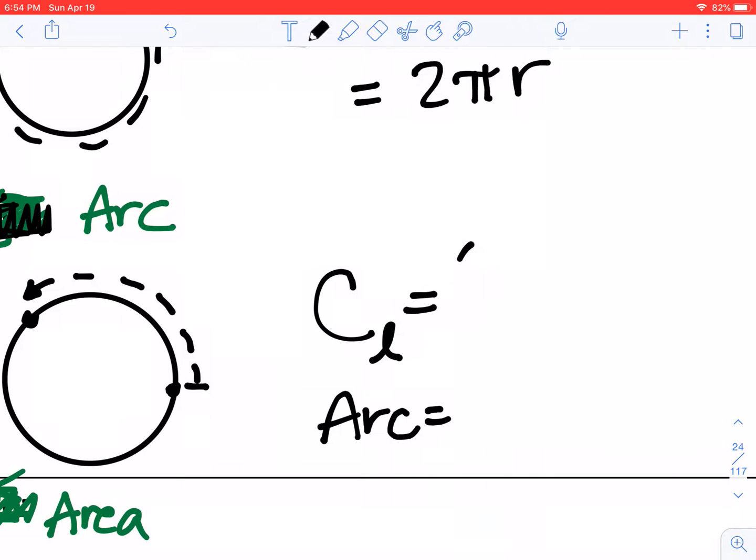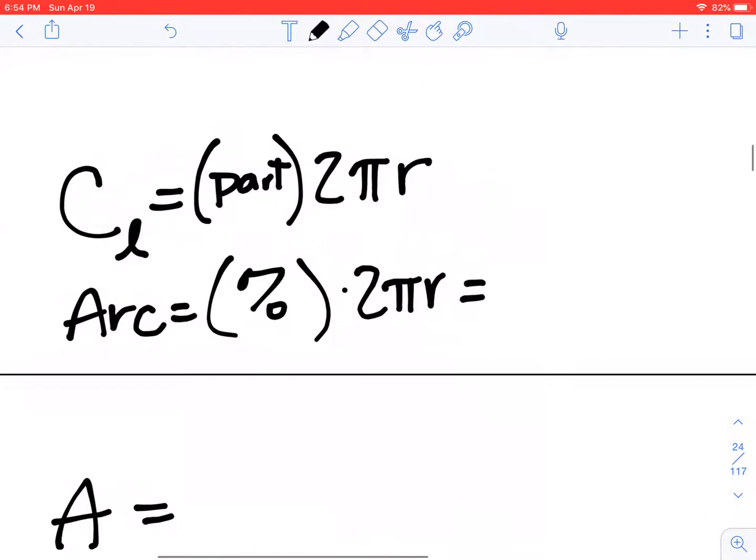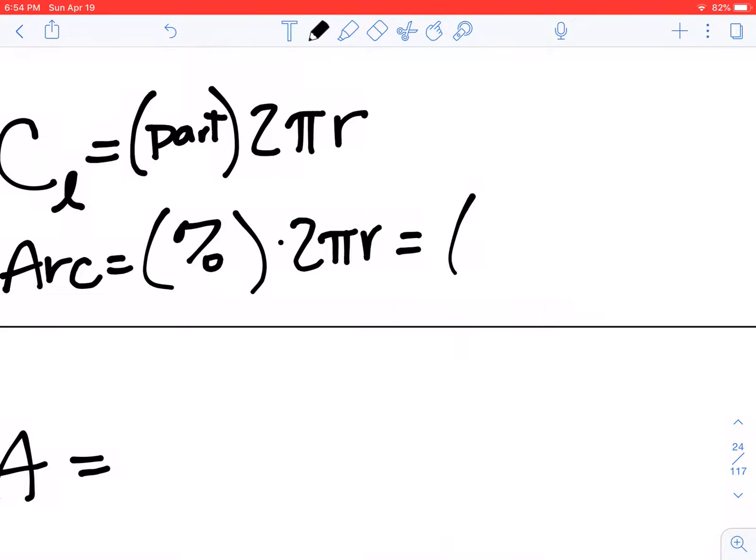Well, if you only want a part of the circle, then it's just some sort of percentage times the circle, right? So the way that I tend to write this out is a percentage times 2 pi r. In fact, that percentage can be written as something over 360.